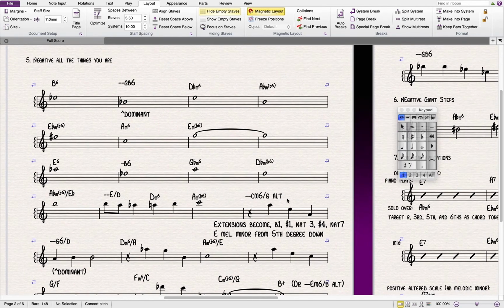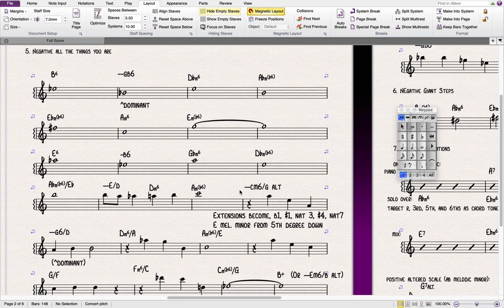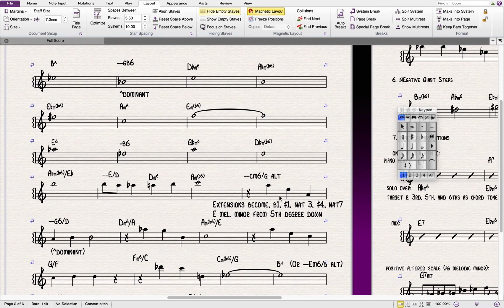Now I want to talk about altered just a little, because right here, it doesn't say it in iReal Pro, but there's an E7 sharp 11 chord that goes to the A minor, in that part of the melody. So let's talk about how altered works in this.